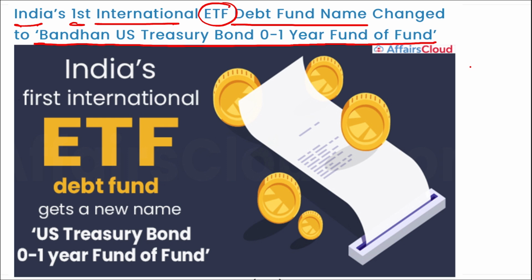It was followed by the rebranding of IDFC Mutual Fund to Bandhan, and we have discussed this yesterday or day before yesterday that IDFC Mutual Fund was renamed to what? It was renamed to Bandhan Mutual Fund.